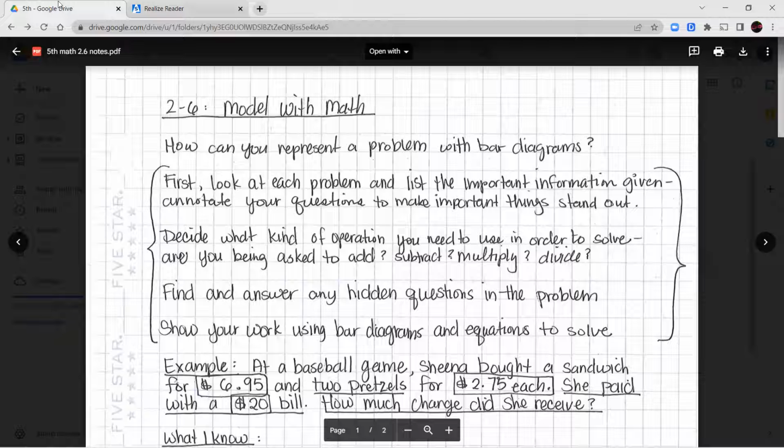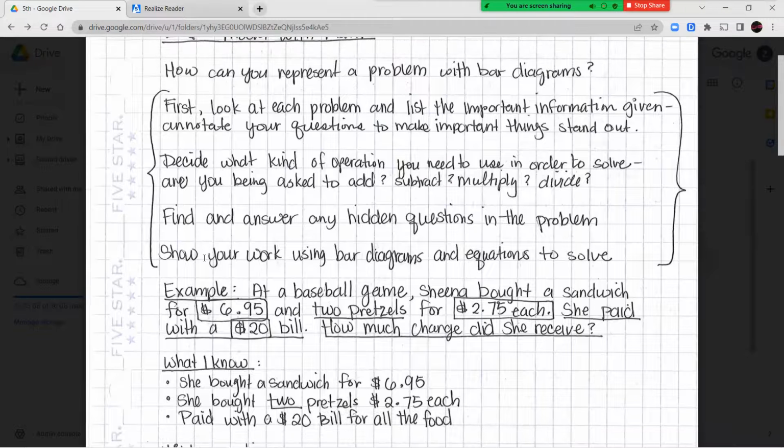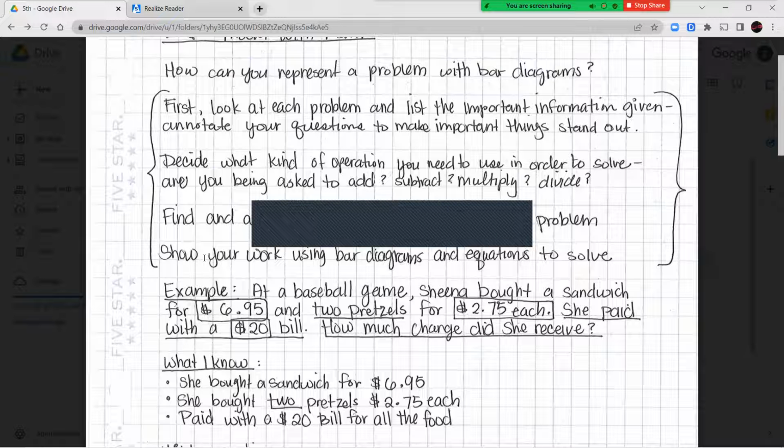Next, you want to decide what kind of operation you need to use to solve. Are they asking you to add or subtract or multiply or divide? After that, you're going to find the answer to any hidden questions in the problem. Once you've done that, you can show your work using bar diagrams to solve.